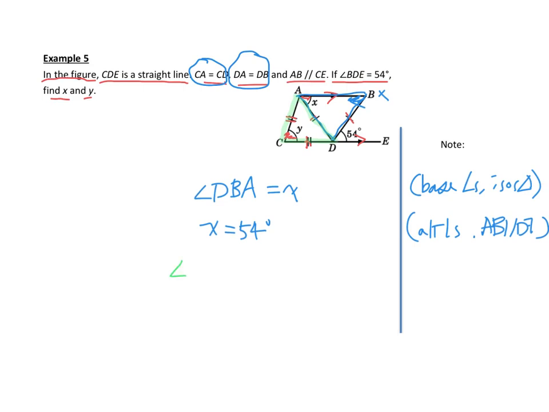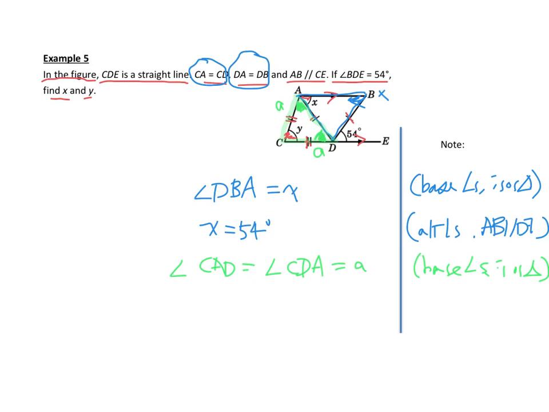That is angle CAD is equal to angle CDA, also the base angles of isosceles triangle. We need to mark this on the figure too. This angle is equal to this one, and we may give it a symbol. Maybe we call it a, so it is equal to a.